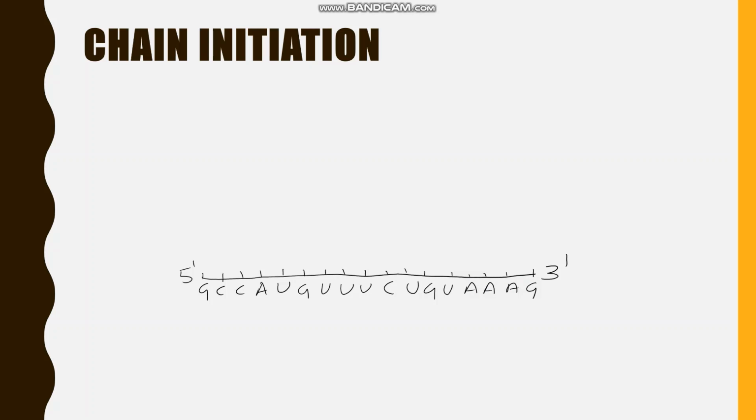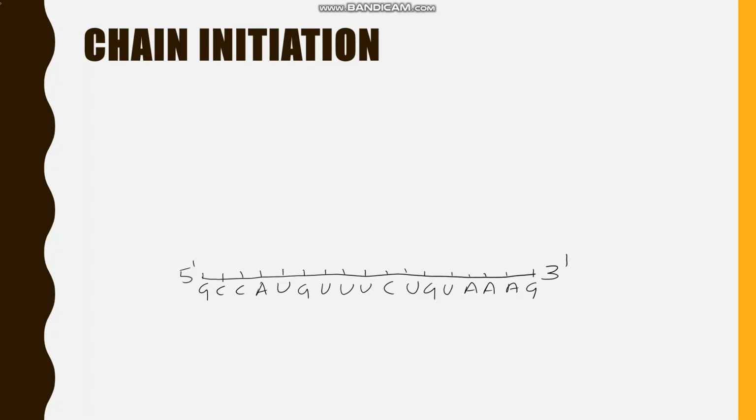Let us imagine this particular sequence is found in one particular mRNA. Now, how does it undergo translation? Translation is the synthesis of a protein according to the information present on this mRNA, and the cellular factory responsible for the synthesis of protein is the ribosome.